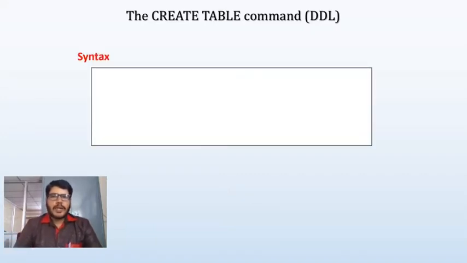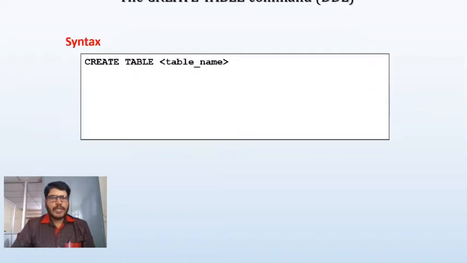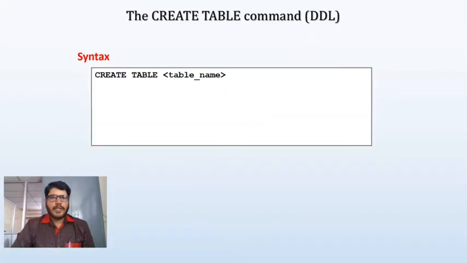So the create table command can be written as create table, table name. We have to use the create table keyword. As you can see here, I am mentioning create table. These are nothing but keywords. Keywords are nothing but reserved words, which should be correct while writing the statement.